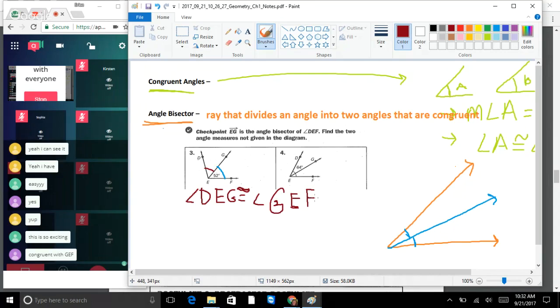And that also means that the measure of angle DEG equals the measure of angle GEF. So basically, this is also 52 degrees.